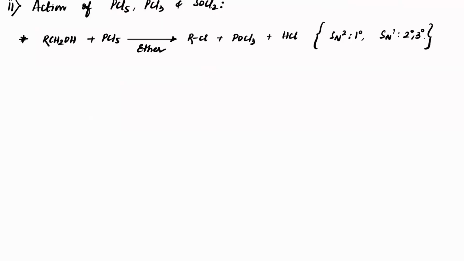How does the reaction happen here? Check it out. So, first, if you have PCl5 solid, remember PCl5 exists in a solid crystal form, and this exists as PCl4 plus and PCl6 minus. This is how it exists.